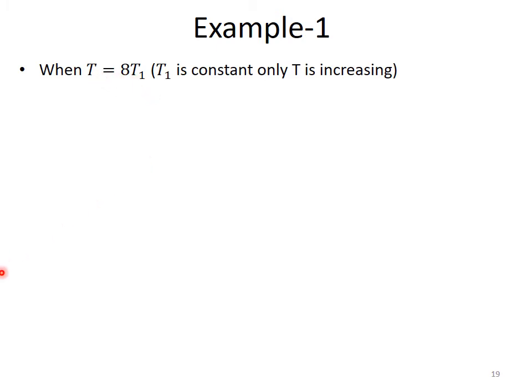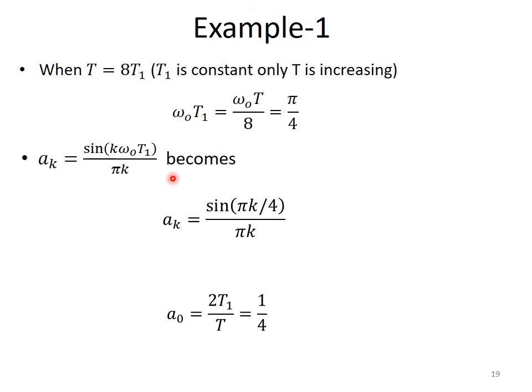So when T is equal to 8T1, this is a 25% duty cycle. So what happens to the spectrum when the duty cycle is 25%? Omega naught T1 now would be equal to pi by 4, and previously, at 50% duty cycle, omega naught T1 was equal to pi by 2.